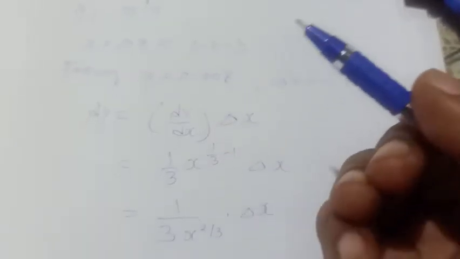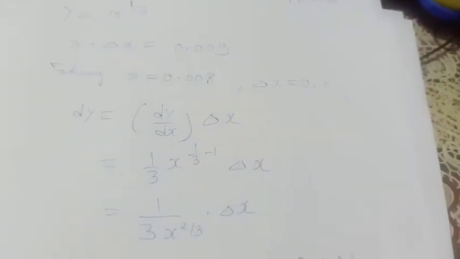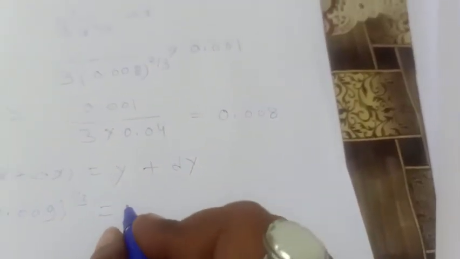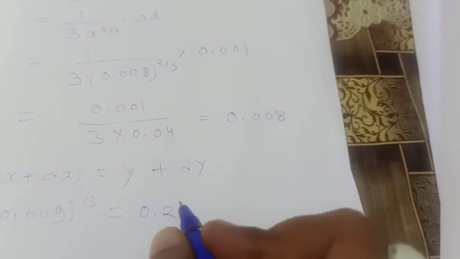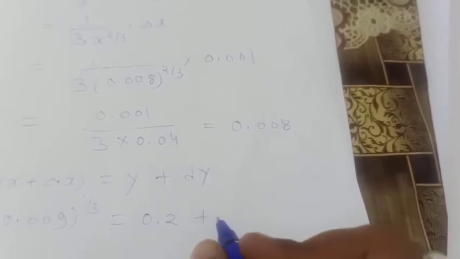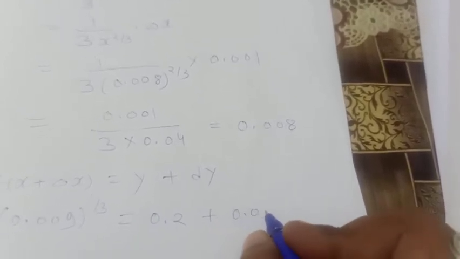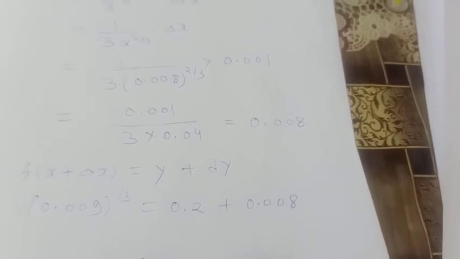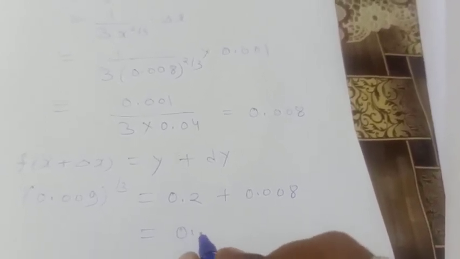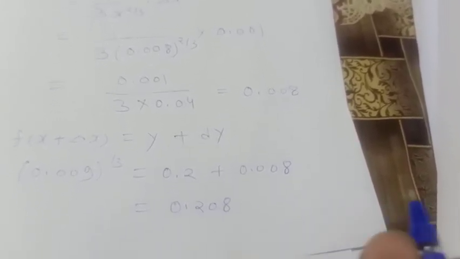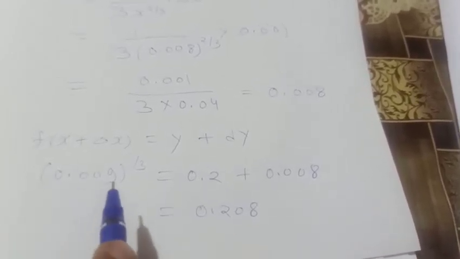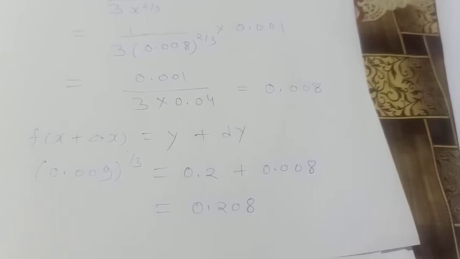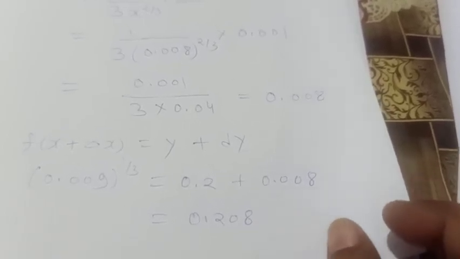So the value of y equals 0.2. Then the value of dy we have already calculated, 0.008. So if we add this, we will get 0.208. So the approximate value of 0.009 raised to 1 by 3 is 0.208. This completes the problem.